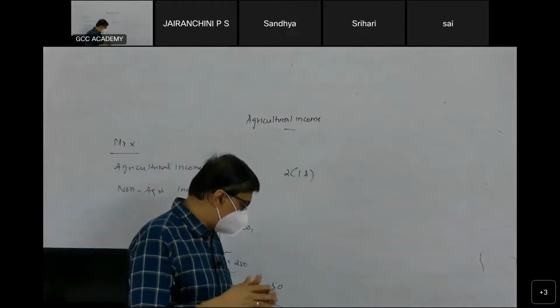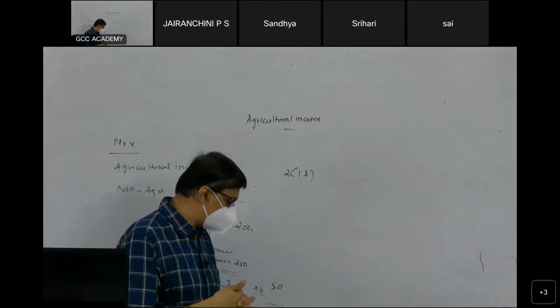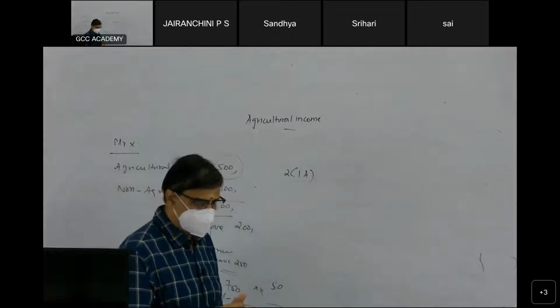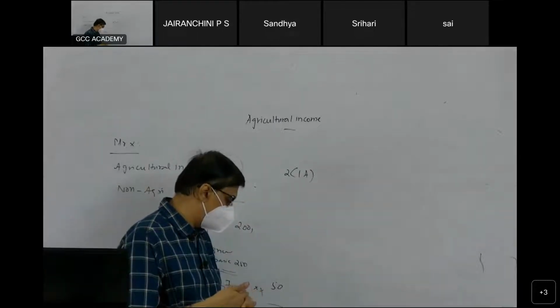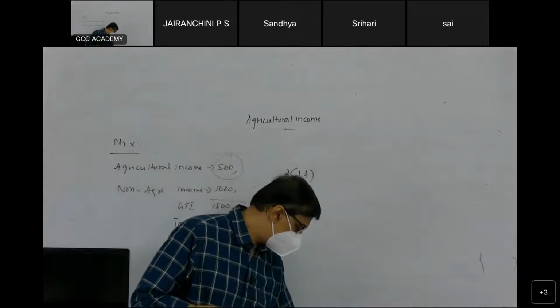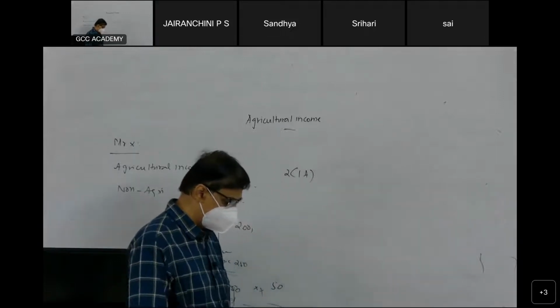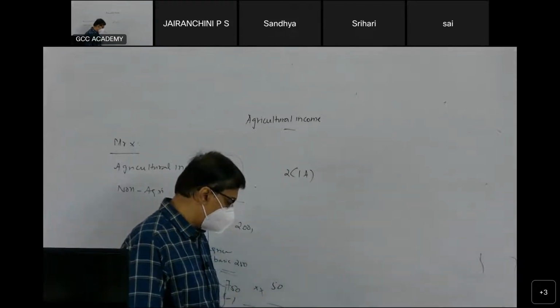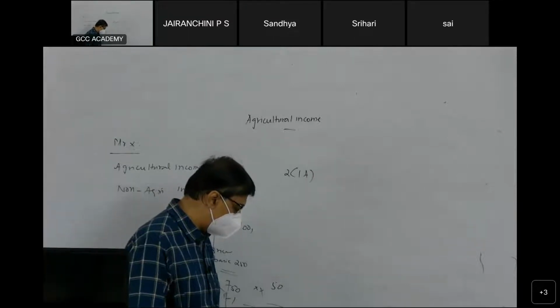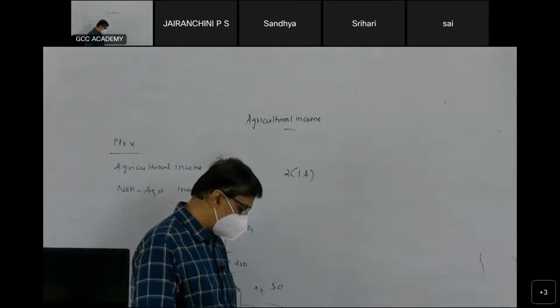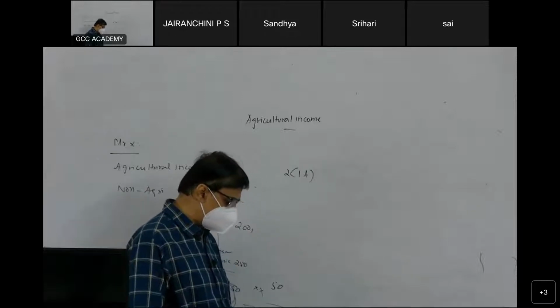And the second point, any income derived from such land by agricultural operations. The first point I said, any rent or revenue derived from land which is situated in India, and is used for agricultural purpose.